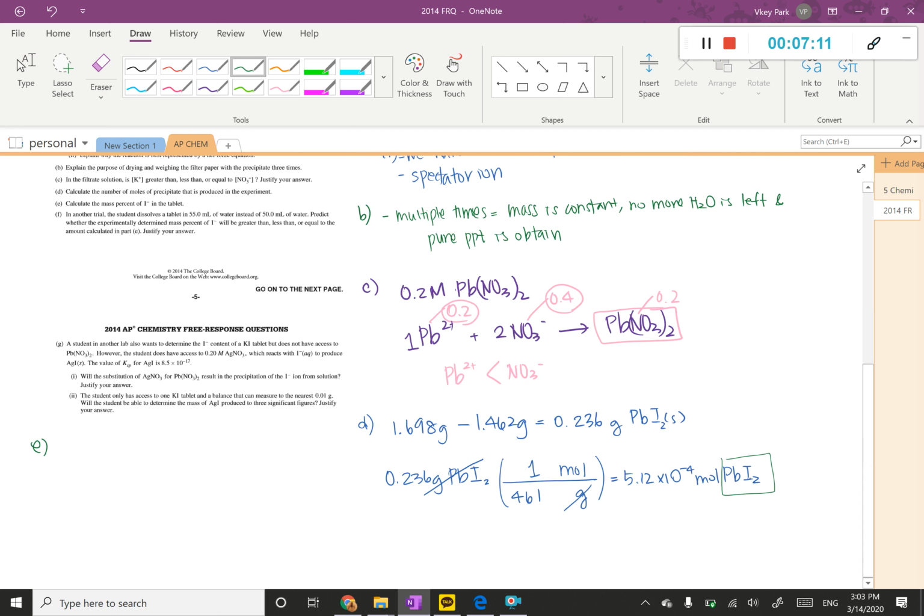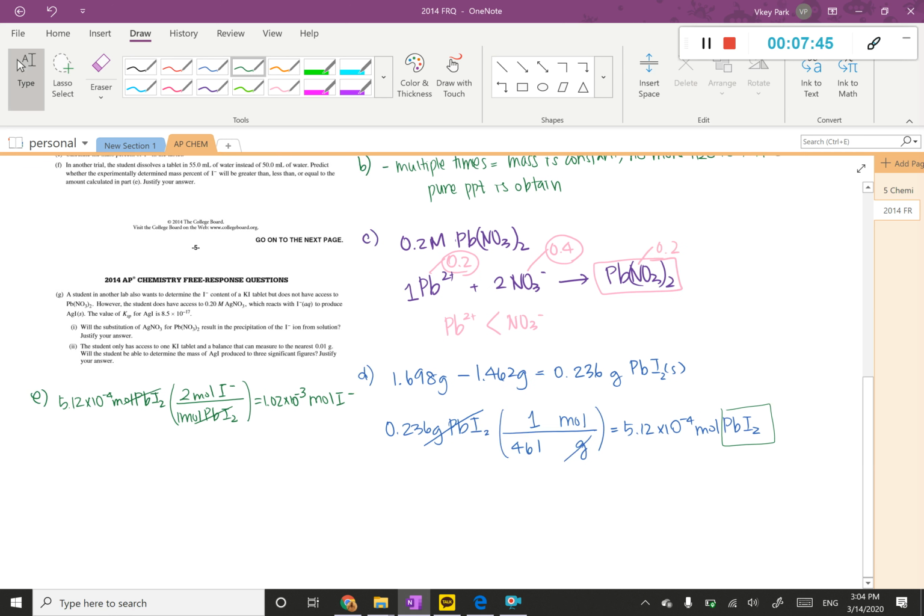So I am going to do 5.12 times 10 to the negative 4 moles of PbI2. For every 1 mole of lead iodide, I have 2 moles of iodine, and that is going to give me the moles of I minus. That happens to be basically 2 times that number, so it's 1.02 times 10 to the negative 3.